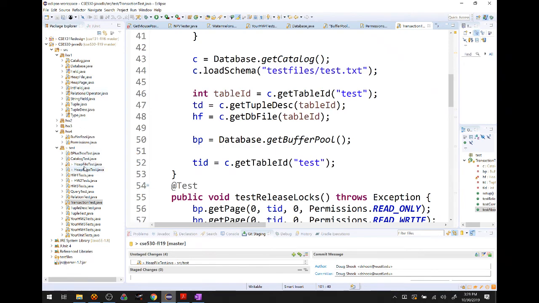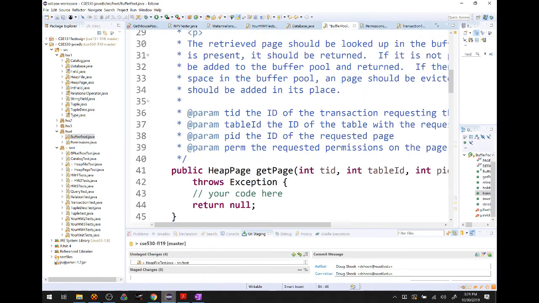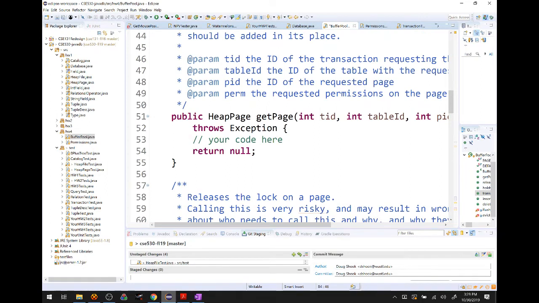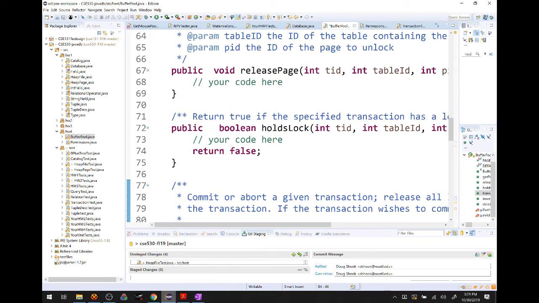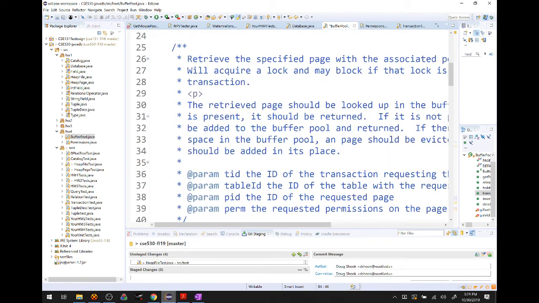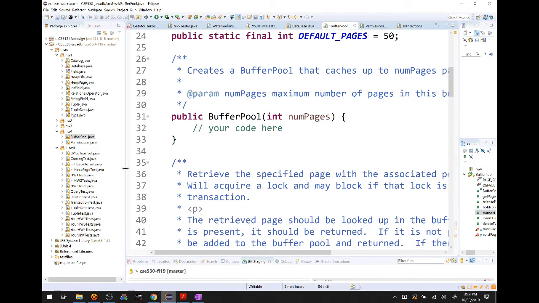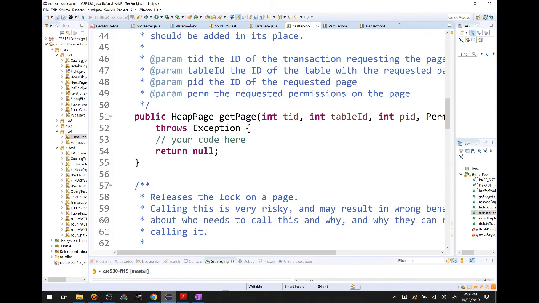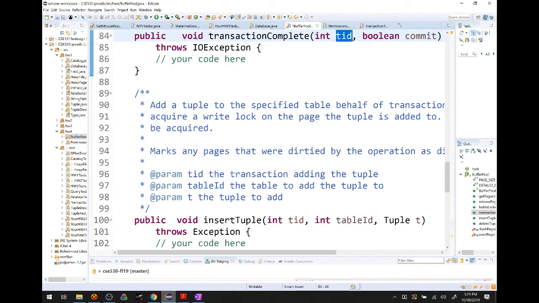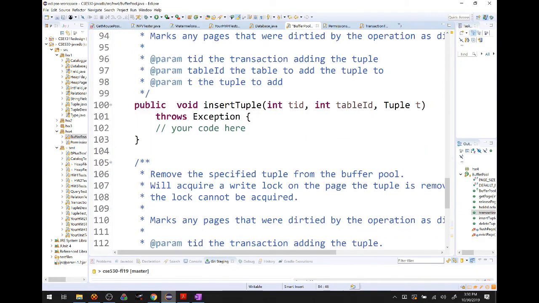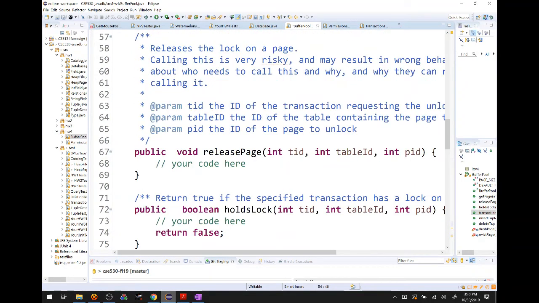So a good way to go about this is to open up the buffer pool file and examine these methods. Ideally, I would like to see some unit tests for all of these methods, for all of them. So what I want you to do for the next 5 or 10 minutes is to grab a copy of buffer pool or consider the important methods from buffer pool: getting pages, inserting tuples, deleting tuples, committing transactions, and think about what would need to be tested for those particular methods.